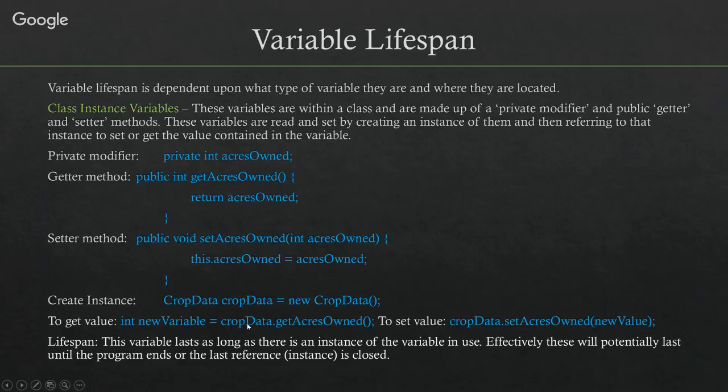We say it's equal to crop data, which is an instance of the crop data class, and we're going to call get acres owned, which is right up here. When we do that, we'll be able to get the value that's contained there. To set the value, again, crop data, we set acres owned, and we give it the value we want to set it to. So the lifespan, this variable lasts as long as there's an instance of the variable in use. Effectively, these will potentially last until the program ends or the last reference or instance is closed.